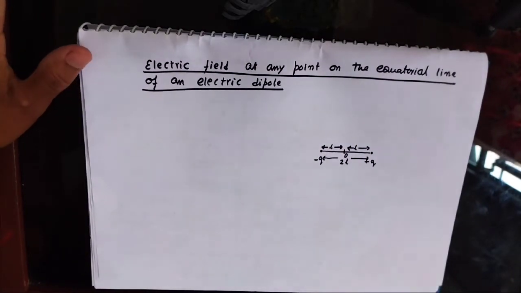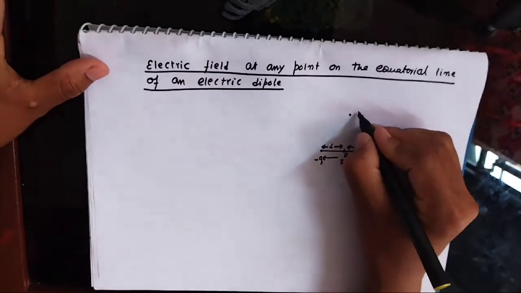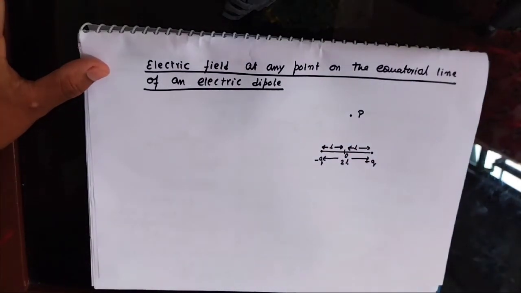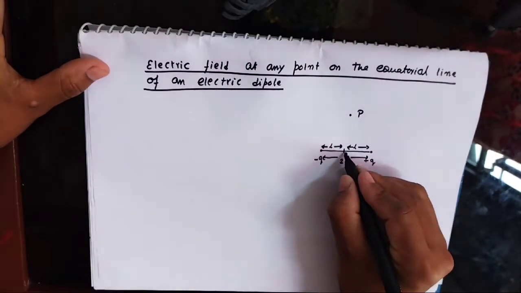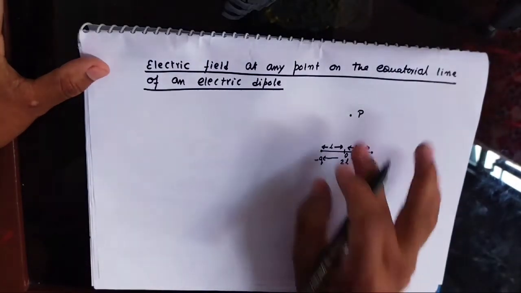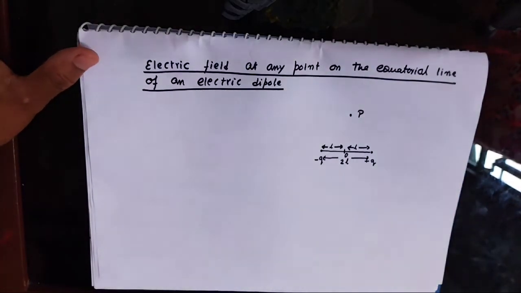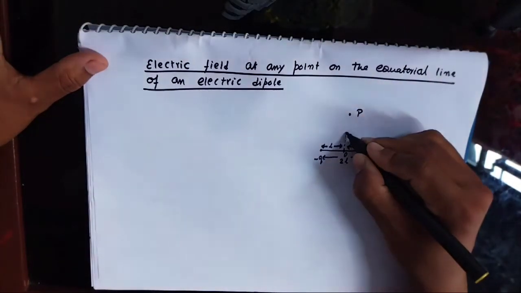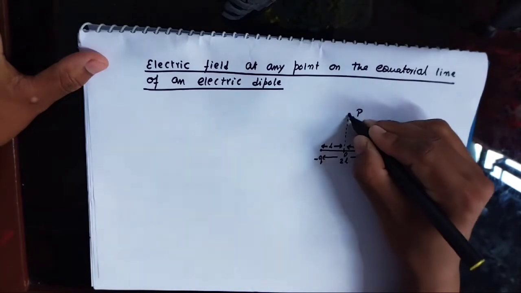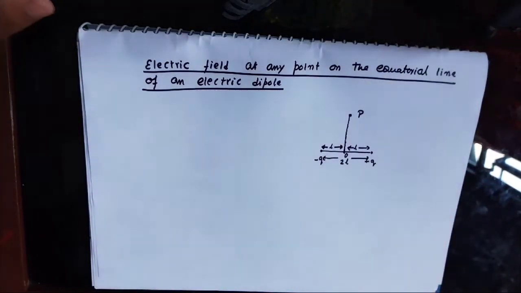So somewhere here is a point P on the equatorial line. A line which passes through the center of the dipole and is perpendicular to the axial line is called the equatorial line. So this point P is on the equatorial line.